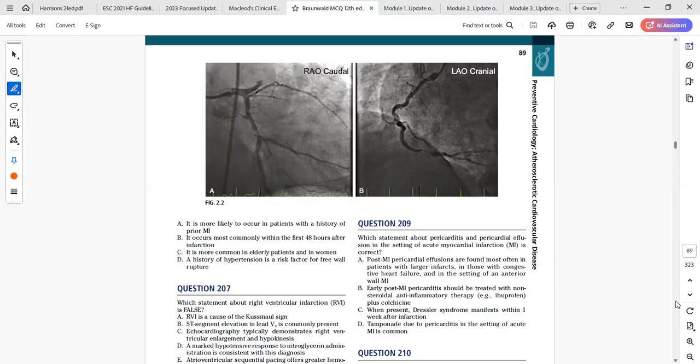But when I read about the question, they said the image on the right is the right anterior oblique of the left coronary artery, and it shows a total proximal occlusion of the left anterior descending artery. They said the presumed culprit lesion is there. Then within the mid left circumflex, there's an 80% stenosis. Part B is a left anterior oblique view of the right coronary artery, and it showed a 60% stenosis of the mid vessel and 90% stenosis of the distal vessel.